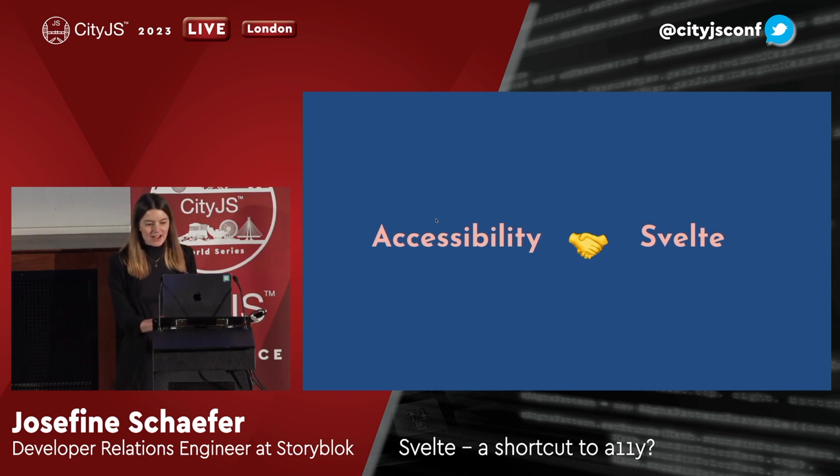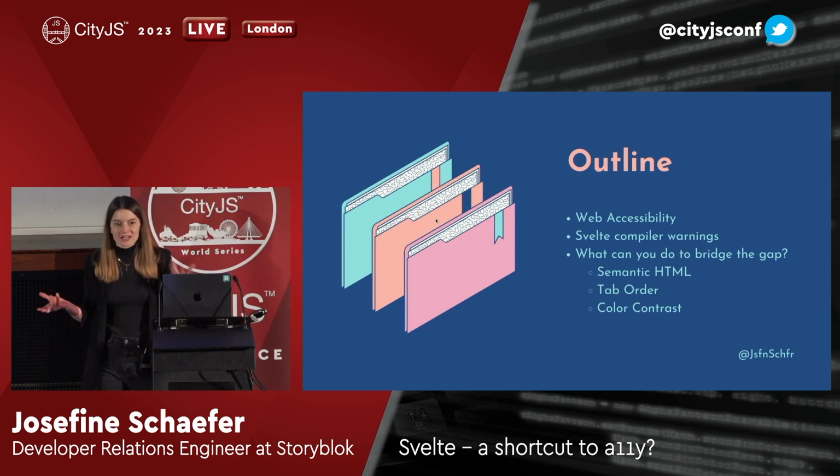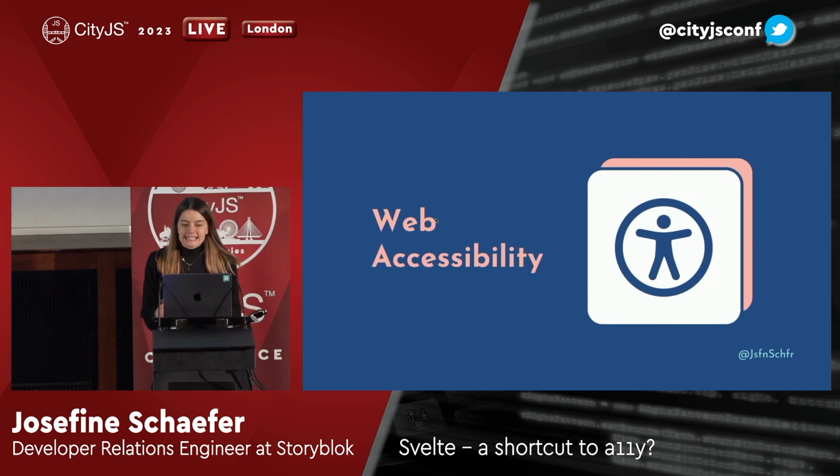We're going to have a look at basically what web accessibility is, which some of you already know, why it's important, how you can maybe convince people who are not so much into it, what the SvelteKit compiler warnings do, and what you can do to bridge the gap between the things that they might be missing and what they already catch. So we're going to have a look at semantic HTML, at tab order, and at color contrast. All right, let's dive right in.